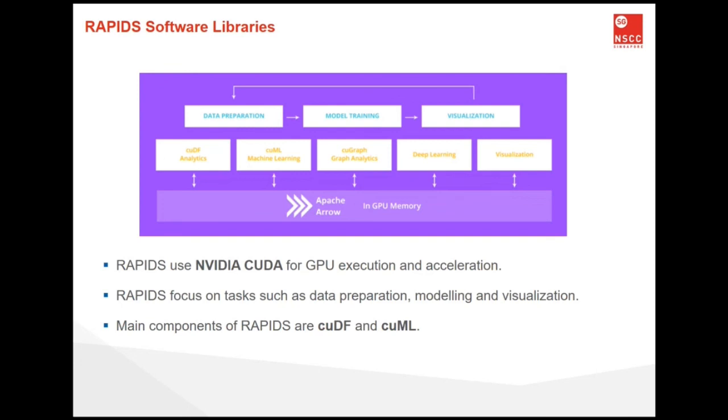And then we have cuML. cuML is a GPU accelerated library for machine learning algorithms, including singular value decomposition, principal component analysis, and density-based spatial clustering of applications with noise.